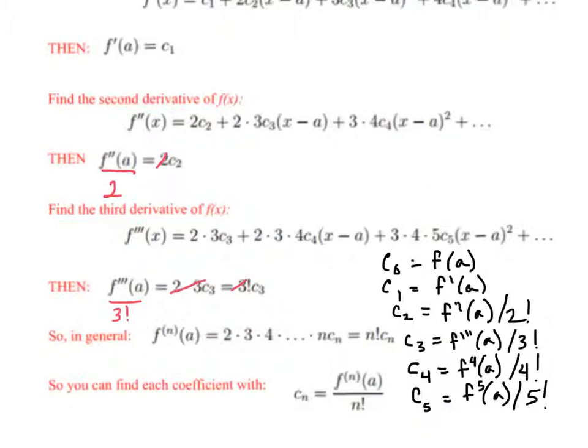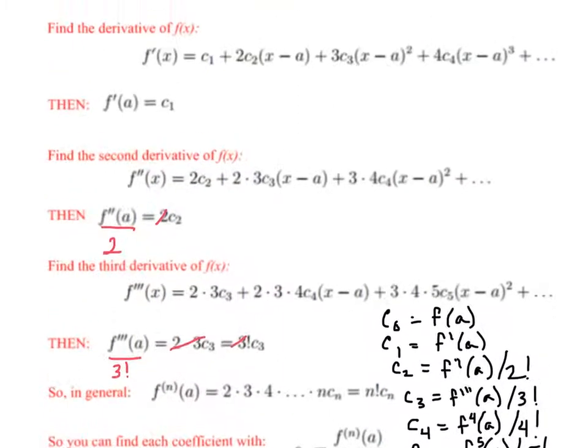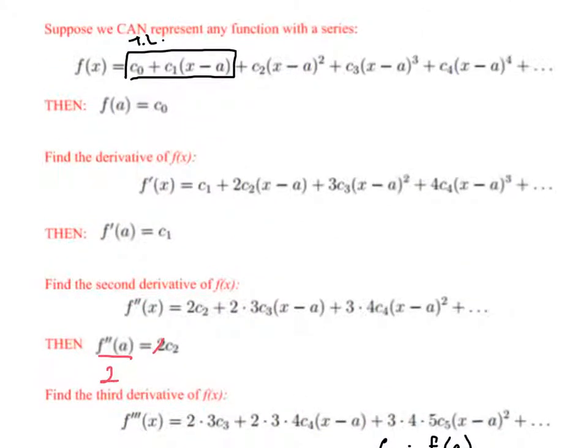So here's what this does for us. We said we can represent a function with a series. That's what we said. We can do this. Well, the trick, of course, is finding out the coefficients. And now we have a way to do it. To find the coefficients, we simply need to find the derivative or second derivative or third derivative, depending on what coefficient we want, and divide it by the power factorial.